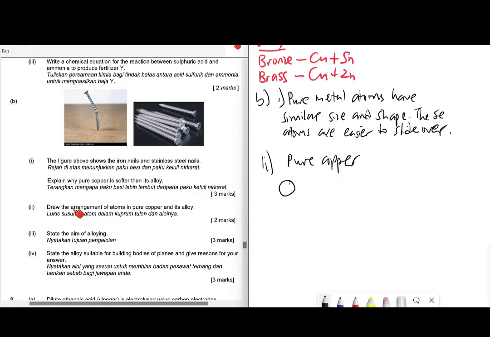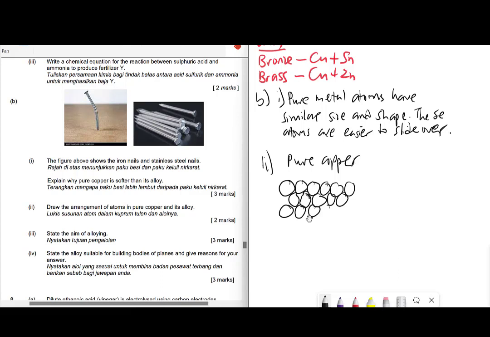All right, so 1, 2, 3, 4, 5, 6. And then make sure you draw in layers. The next layer does not necessarily have to be straight below it. It can be in between. All right, you can draw like this. 1, 2. Okay, make sure they are touching. It's a good way to draw that they are touching. All right, something like this.